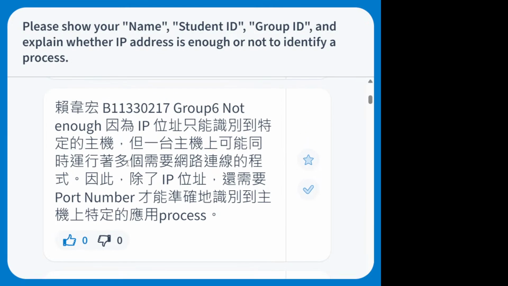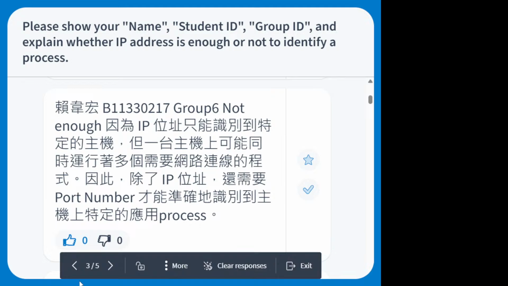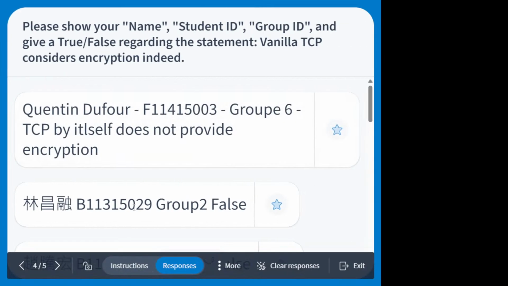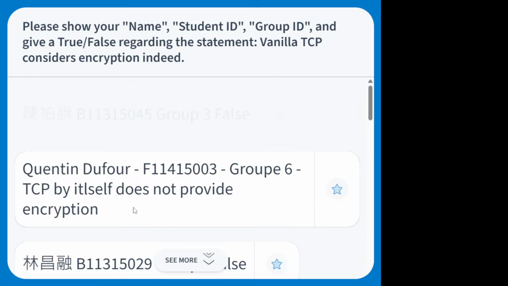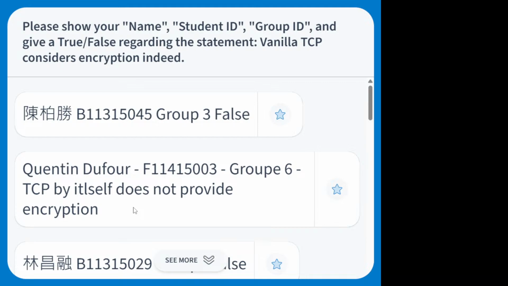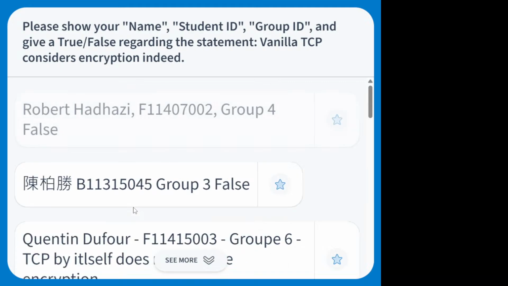But possibly, I encourage you to have the answer in English next time. But it's still okay, I will go through the answer. And the next one, maybe you have question. What it means, vanilla TCP.